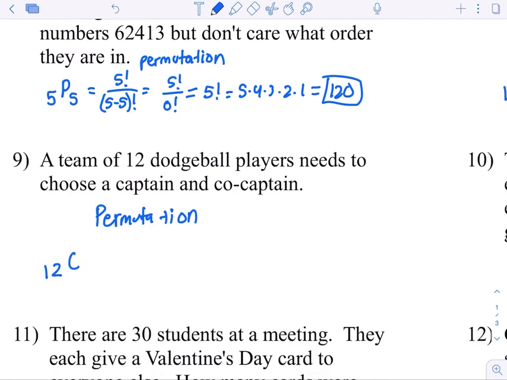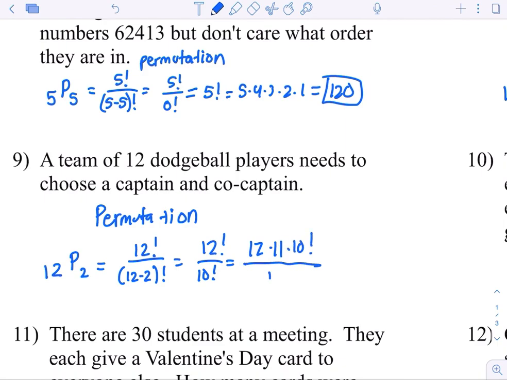Oop, that's a C. So 12 factorial over 12 minus 2 factorial, which is 12 factorial over 10 factorial. So 12, I'm going to go all the way to 10 factorial, stop there because I know I can cancel out the 10. So that just leaves us with 132 options.